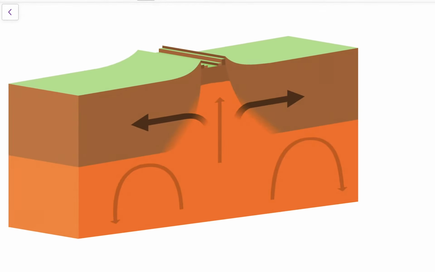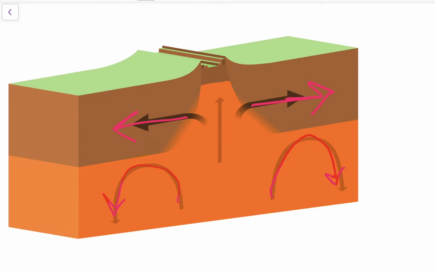If you look at this picture here, this shows us a divergent plate boundary. Remember, we have our magma underneath the Earth's crust moving in circular patterns. When that magma is moving in a circular pattern, that is going to cause the plates on top of the magma to move in opposite directions.